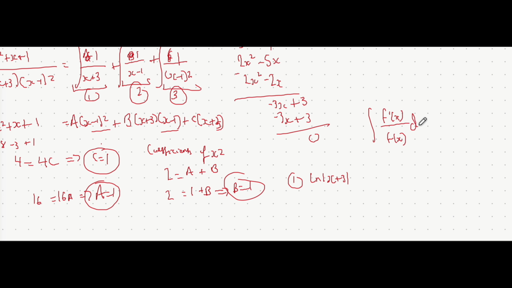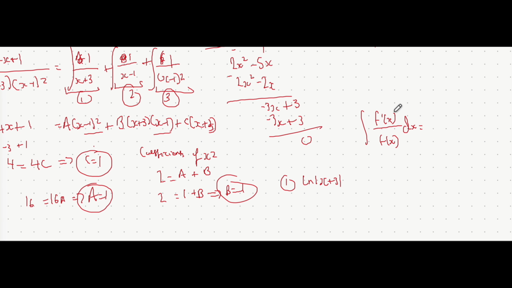When you're integrating something where the numerator is a differential of the denominator, that's equal to ln of the denominator when you integrate it. So that's what we are applying here. Same with the second one. X minus 1 differentiates to 1. So when you integrate all of this, it's ln of the denominator, ln of x minus 1.